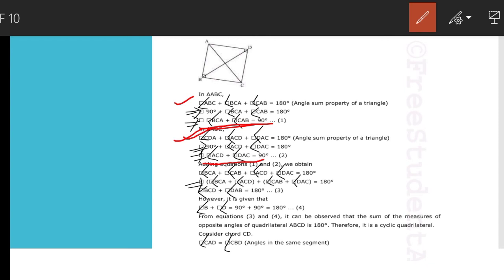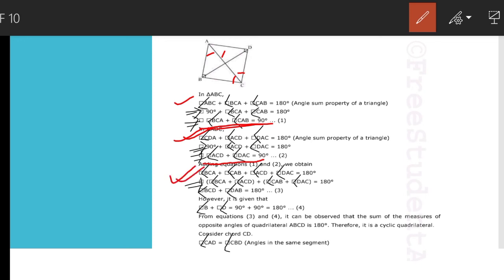We will add equation 1 and equation 2. So we will get angle BCA plus angle CAB plus angle DCA plus angle DAC. These four angles we will add and we will get 180, since 90 plus 90 is 180.